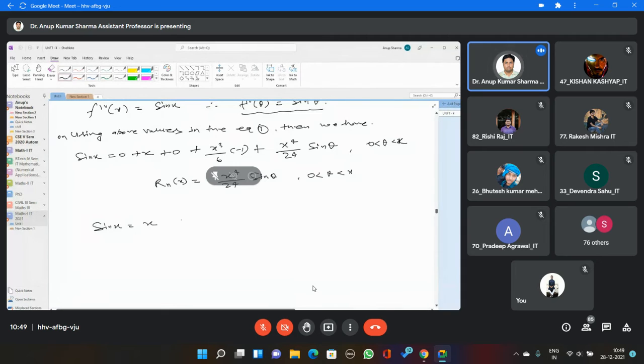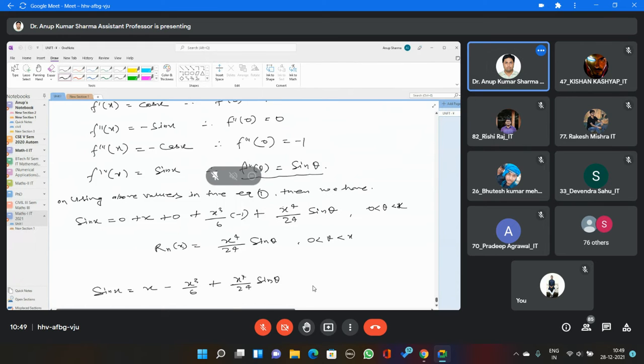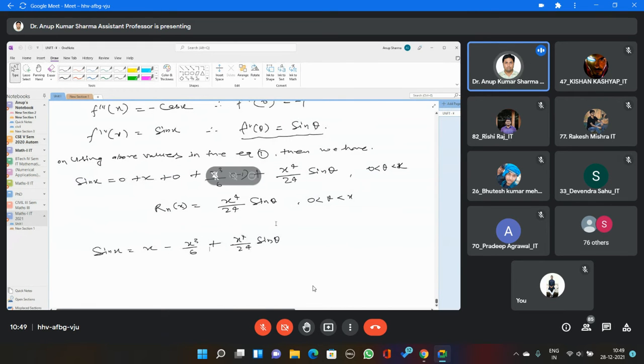Sin x is equal to x minus x cube upon 6 plus x power 4 by 24 sin theta. Okay, so this is our polynomial, but we are now talking only about the error. So what is the error?